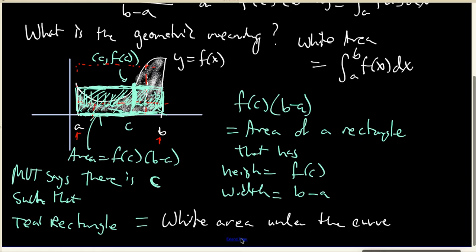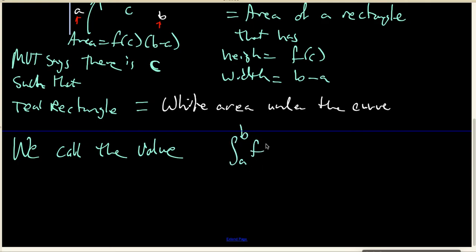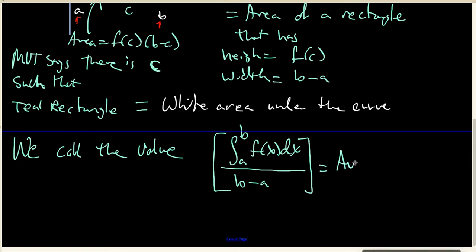So basically what comes out of the mean value theorem is the following thing. We call the value given by the integral between a and b of f of x dx divided by b minus a the average value of f of x over the interval between a and b.